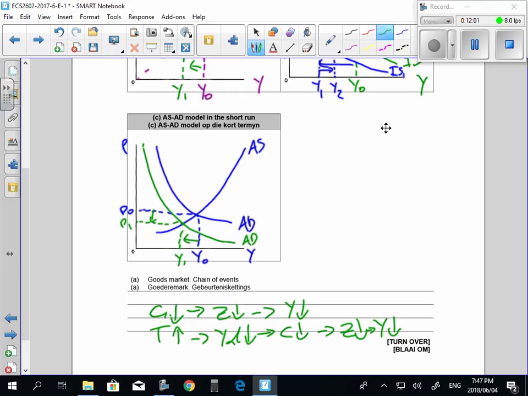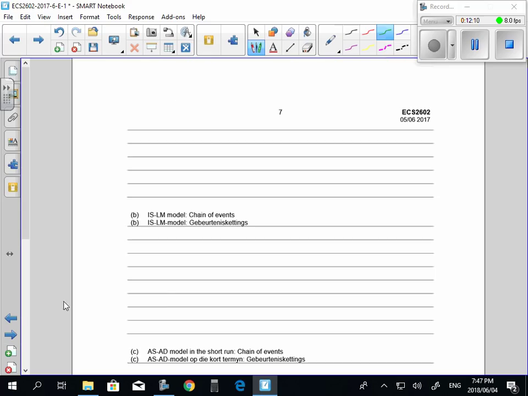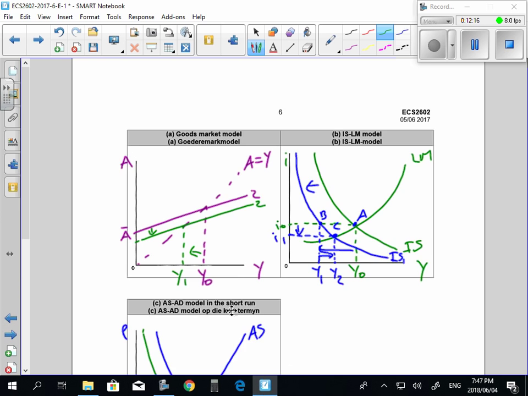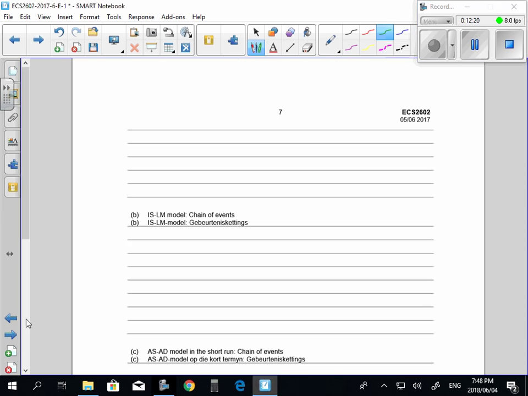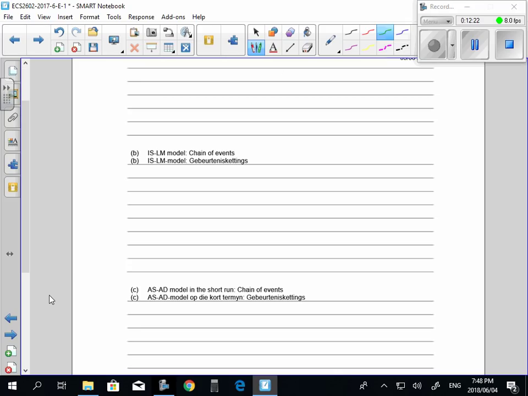Now for your ISLM curve, you're going to have to use both sides of the economy to explain the movements, right? So in your ISLM model, obviously your fiscal policy is your goods market.